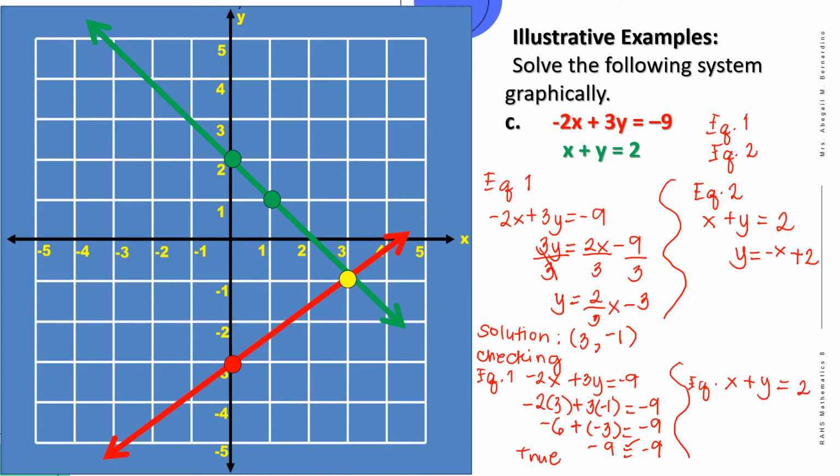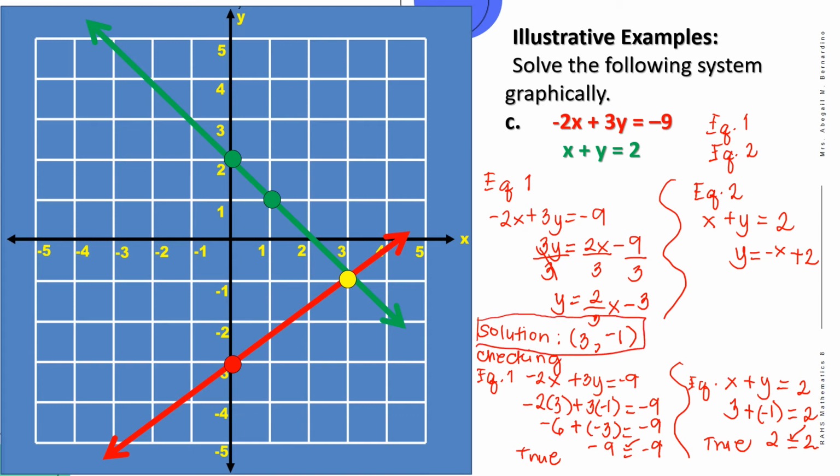We're going to substitute the value of x, which is 3, plus negative 1 equals 2. So, 3 plus negative 1, the answer is 2. 2 equals 2. So, we have a true statement. So, once again, our solution is (3, negative 1).